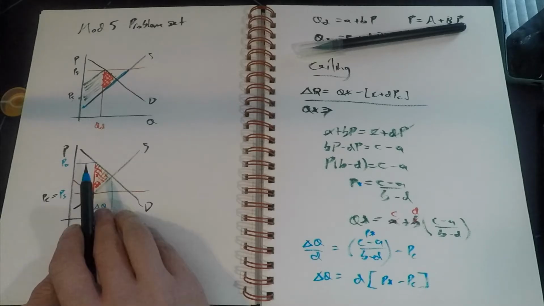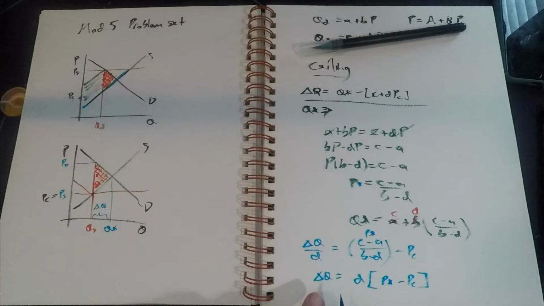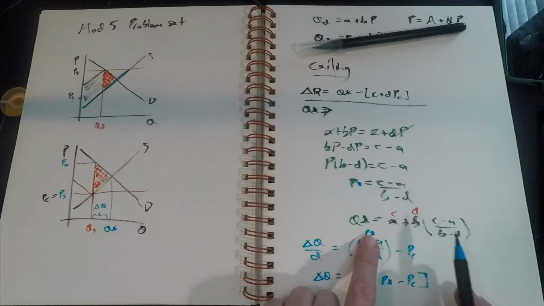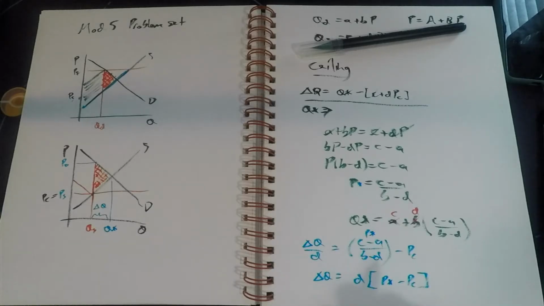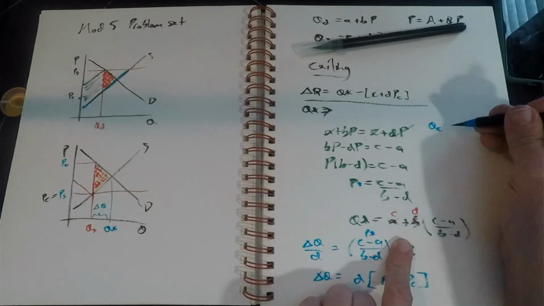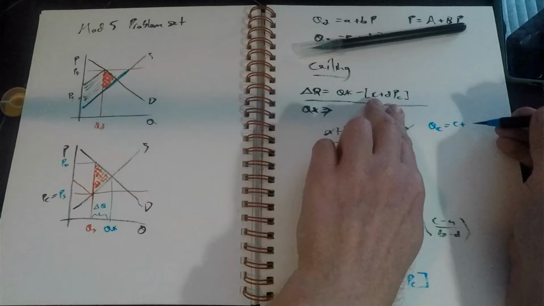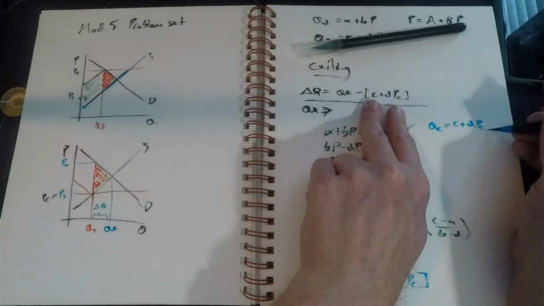Now we need to find what is the price when we plug in Q. Let's call this Q ceiling, which is going to be C plus D times the price ceiling.